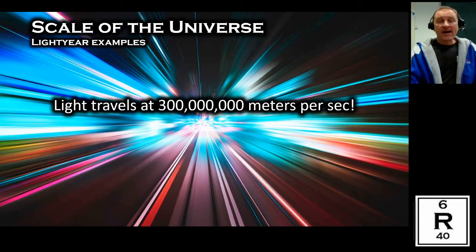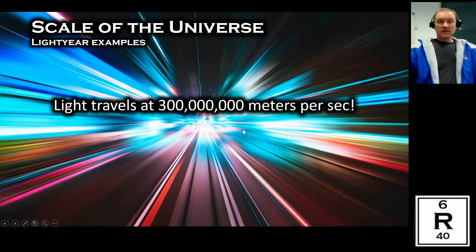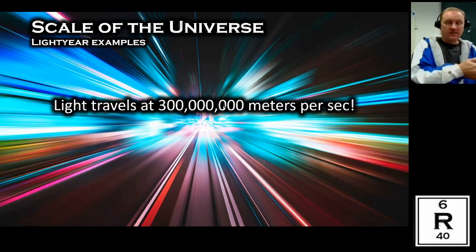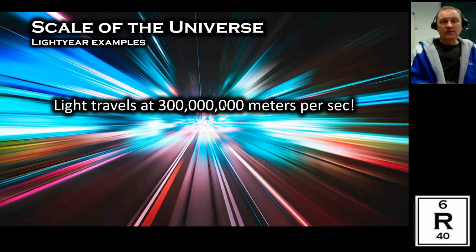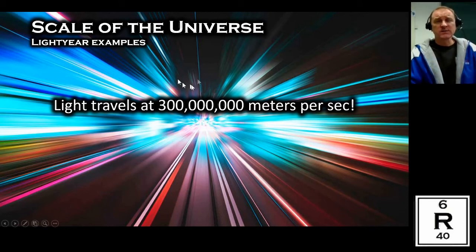It's going really fast. If you stack up a meter stick, and stack 300 million of them, 300 million meter sticks in a row, that's how far light travels in 1 second. So it's moving extremely fast. It seems instantaneous to us, but when we get to huge distances in the universe, this speed is important.